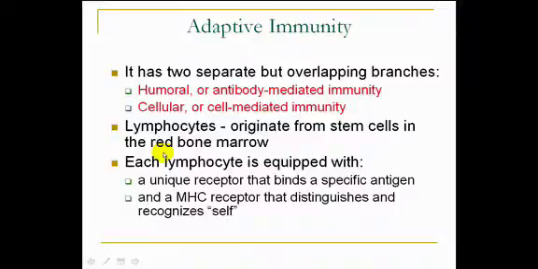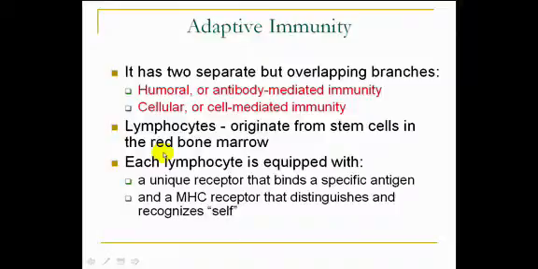Or I have a lymphocyte that has a receptor that binds specifically to a protein found on the viral surface of the chickenpox virus. So each lymphocyte is equipped with a specific receptor for that bacteria or for that virus or for a protein or a lipid or a carbohydrate found on that pathogen.